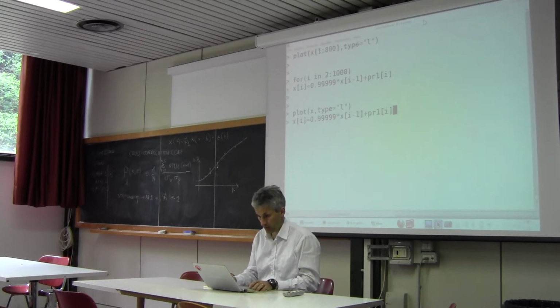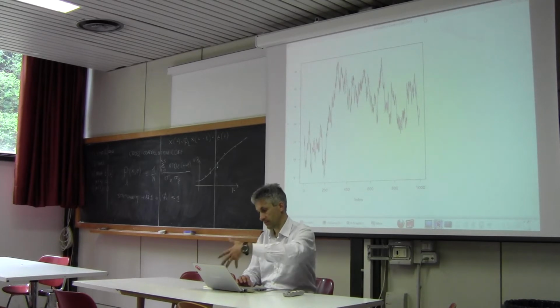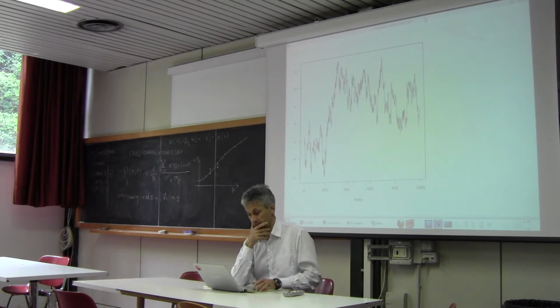And maybe we can get, let me just put this one like this, and you see that in this case, yeah, now it looks more stationary, even if you see that there are long-term cycles.